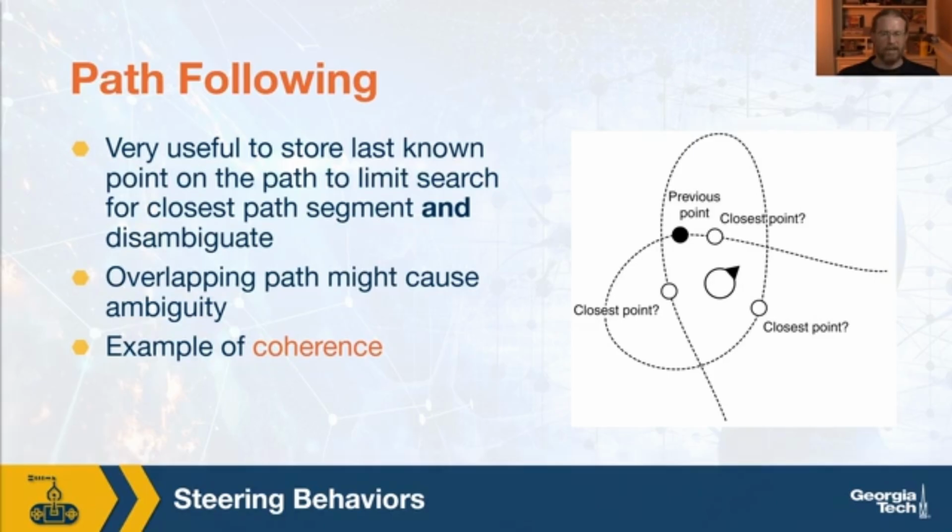So it can be a real challenge to figure out, well, what is the closest point? And so we might come up with a means of measuring the distance along the path from the previous point to different candidate closest points. That is what you actually use for the selection: the distance from the previous point to the candidate closest point.